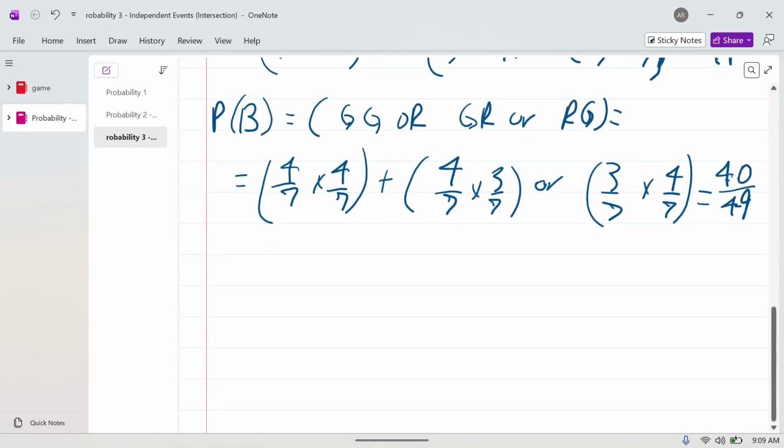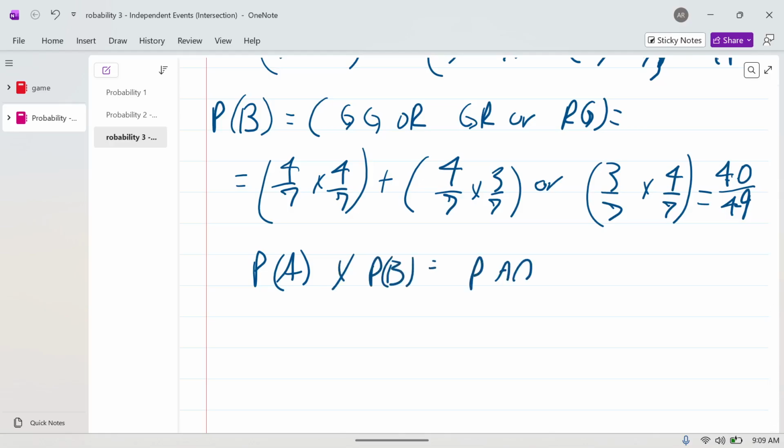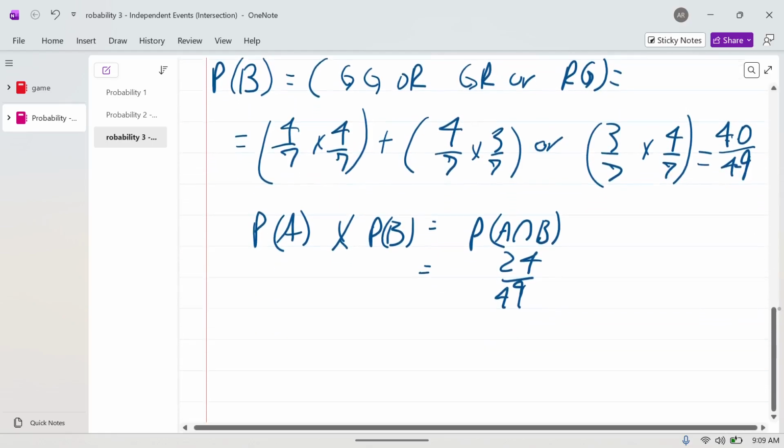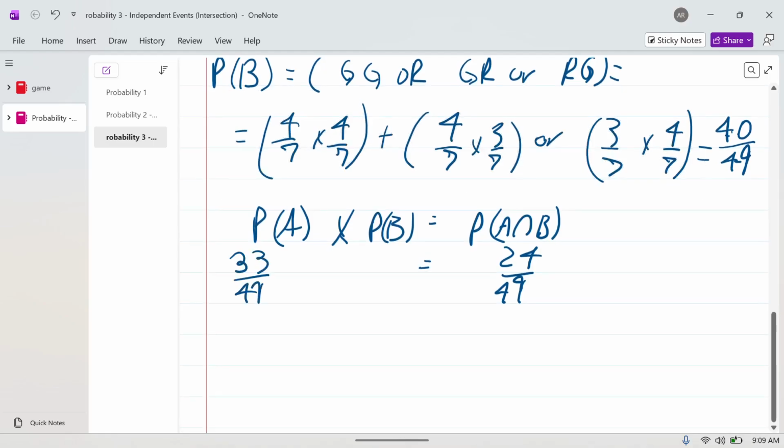Now, if I write the formula once again, we get this. Probability of A times the probability of B is equal to the intersection of both of the probabilities. This should be 24 over 49, right? This thing should be equal to the product of the previous two probabilities. So it would be 33 over 49 times 40 over 49. Now, this must be equal to this.